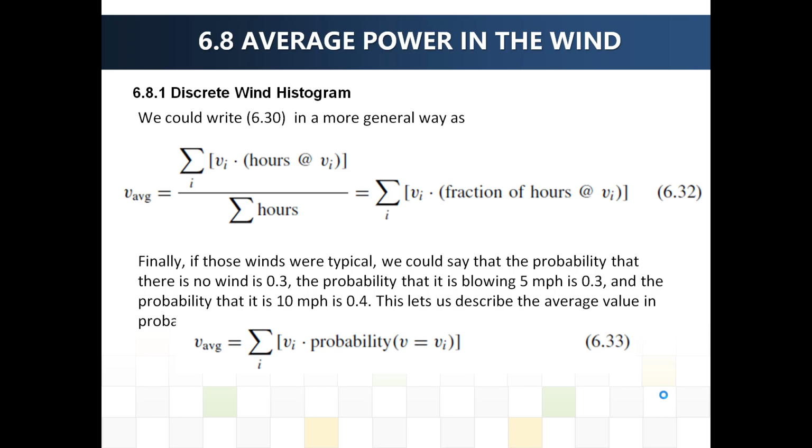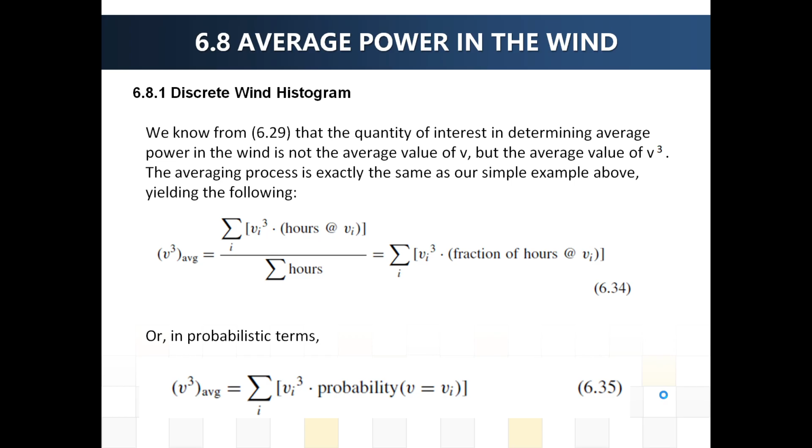If those winds were typical, we could say that the probability that there is no wind is 0.3, the probability that it is blowing 5 miles per hour is 0.3, and the probability that it is 10 miles per hour is 0.4. Then the average wind speed is equal to the sum of Vi multiplied by the probability that V equals Vi.